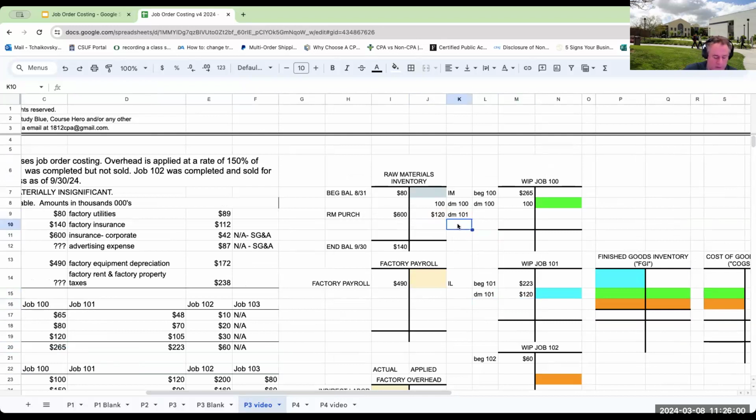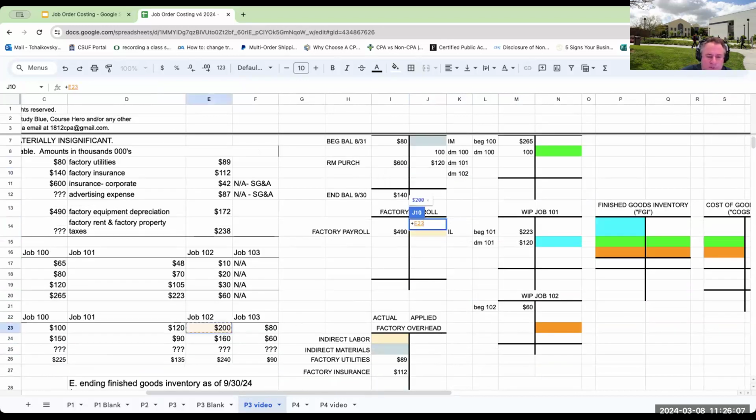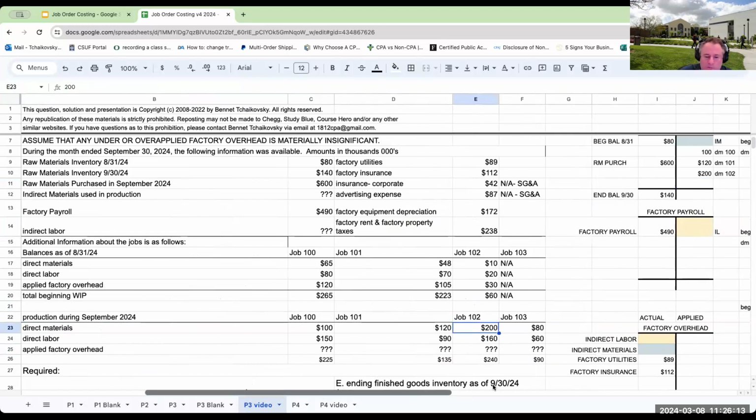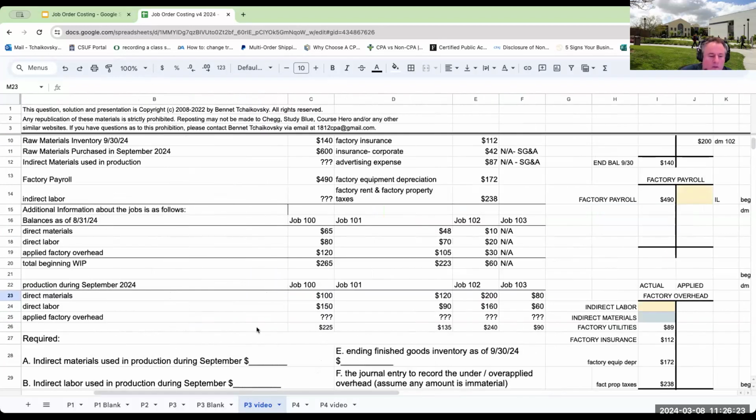I come over here, direct materials for job 102. My direct materials for job 102 were 200, right over here, direct materials, September, job 102. These are going to come over here for job 102. This is going to be at 200. Next one, job 103 is going to be at 80.